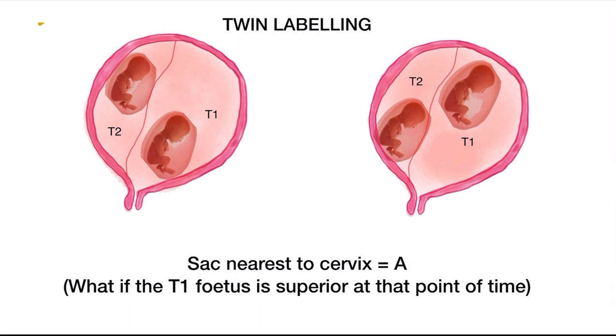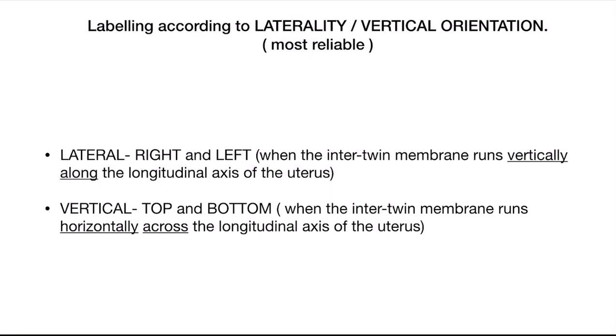So as per the sac position method, since this sac is nearer to the cervix, this one is twin 1 and this one is twin 2. However, nowadays the sac position method is not recommended. Nowadays, the best method of labeling is according to the laterality or vertical orientation.